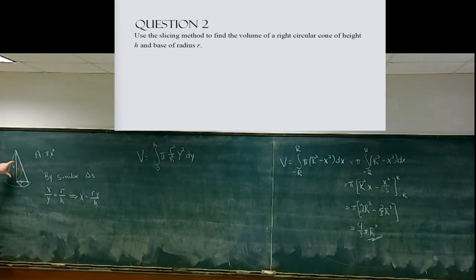Even if I flip this around and make it a right side up ice cream cone, I can still use the same arguments. Set the bottom still as the x-axis and go 0 to h. All my arguments are going to be exactly the same. I could set this as my x-axis, then we go negative h to 0.